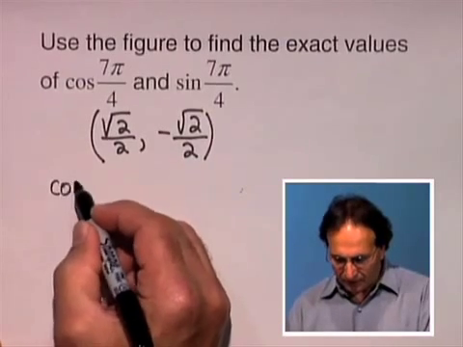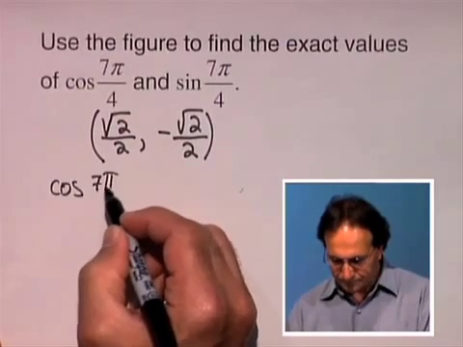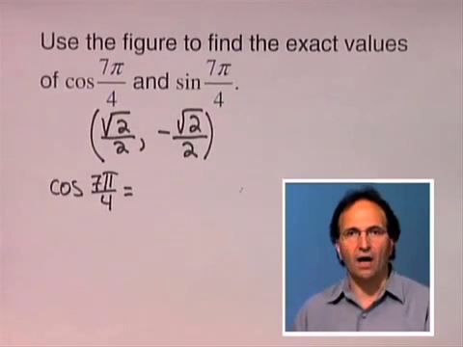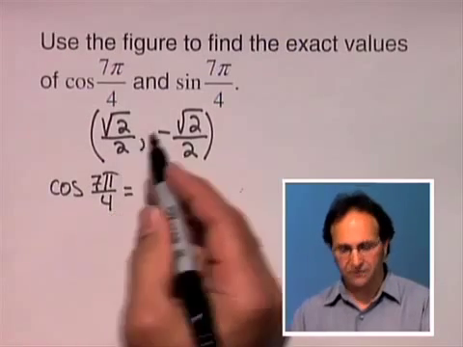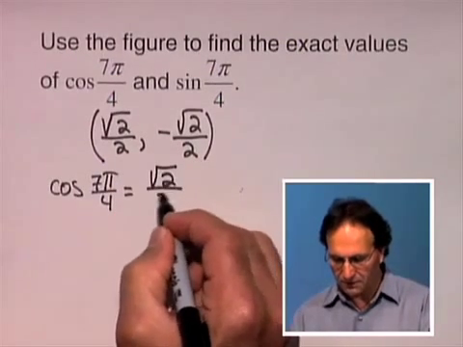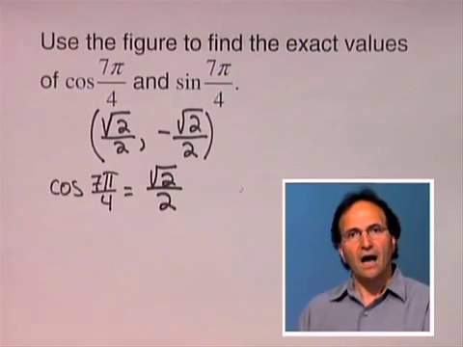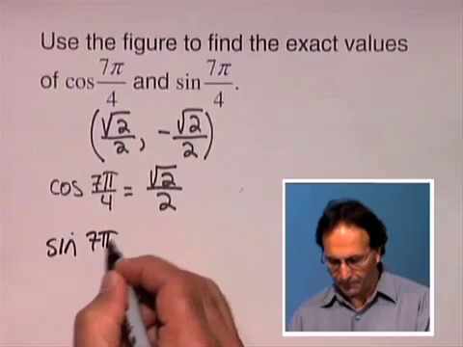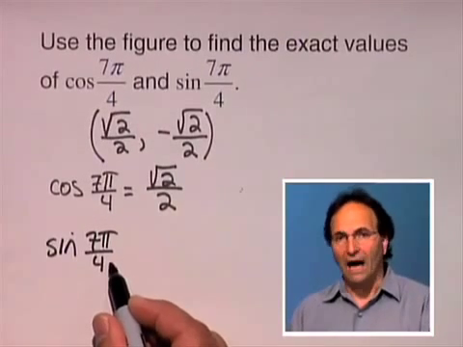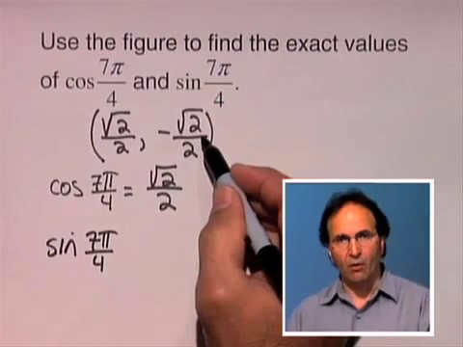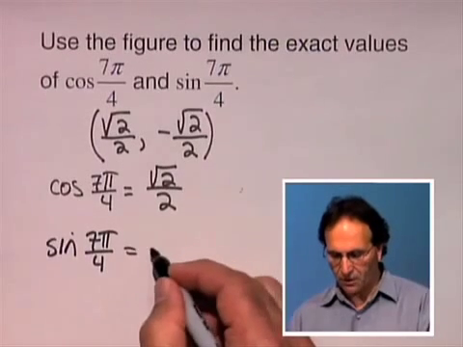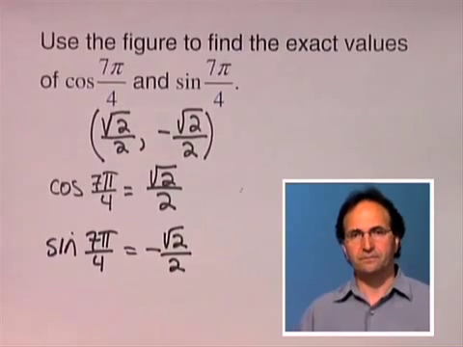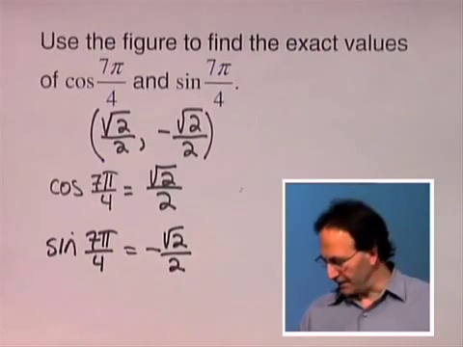Cosine 7 pi over 4 would be equal to the corresponding x value of this point, square root of 2 divided by 2. How about the sine of 7 pi over 4? That would be the y value of the corresponding point, and therefore it's equal to negative the square root of 2 divided by 2.